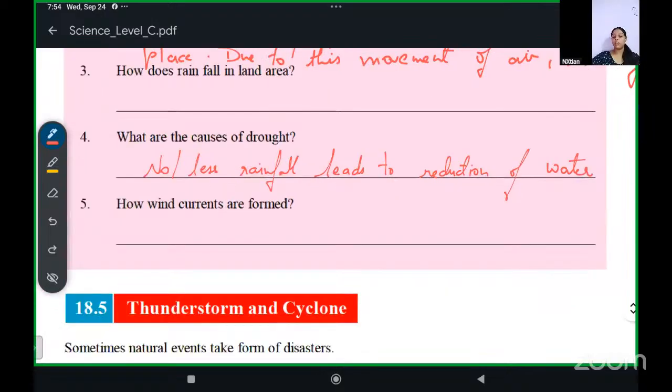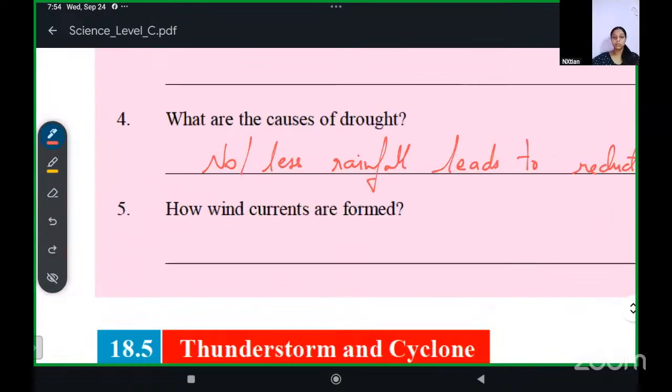Okay, how are wind currents formed? I taught you at the start how air currents are formed.